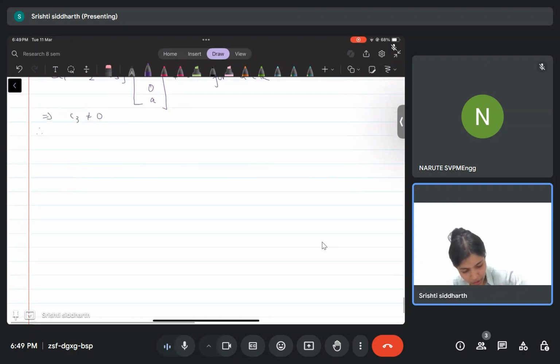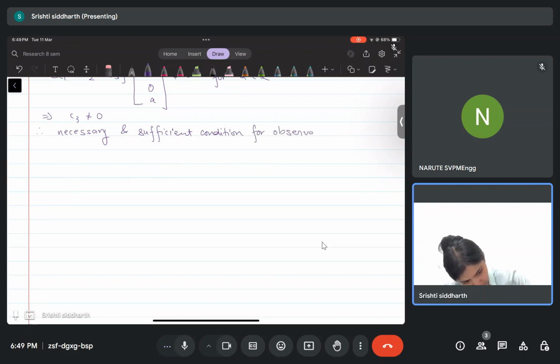So the necessary and sufficient condition for observability is that these constants should be non-zero.